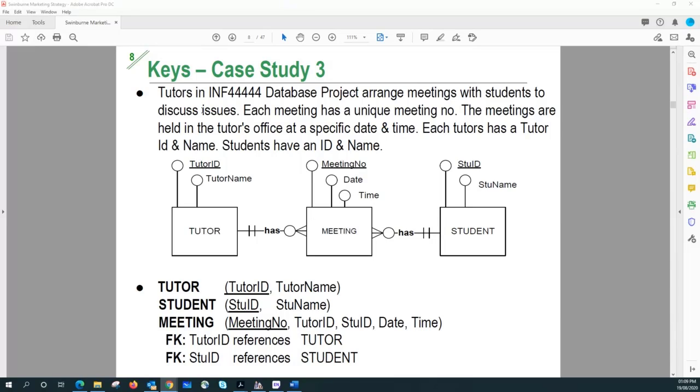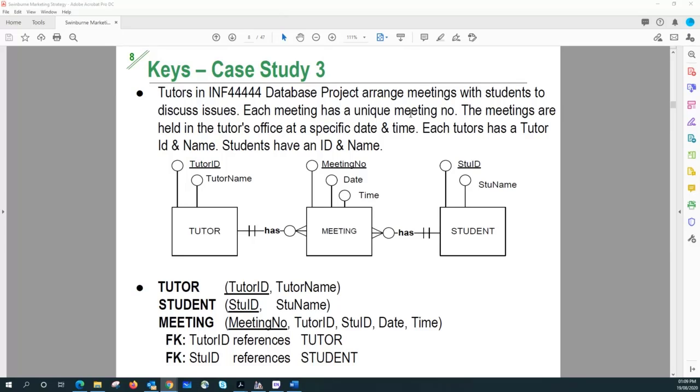Right, so in this university scenario, we have tutors. It says tutors in INF10004 database project, so this is a project-based unit, arrange meetings with the students to discuss some issues. Each meeting has a unique meeting number.